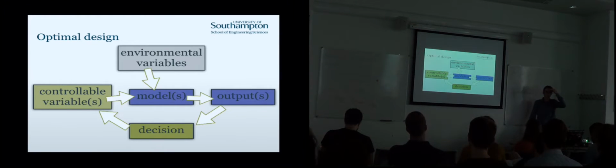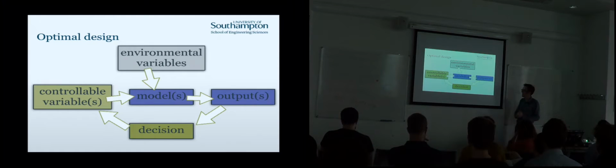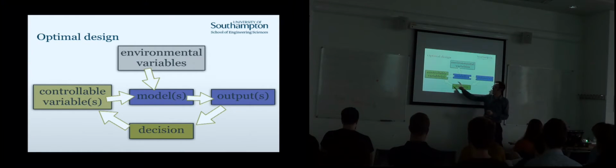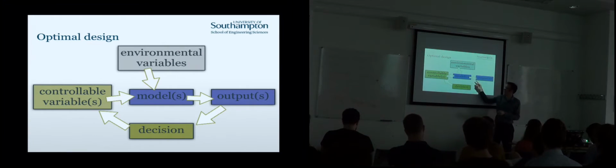Okay, so just a quick recap so we're all on the same page as to what we mean by optimization. In optimization, you have some kind of controllable variables, things that you can change, that will affect some outputs, and you want to make these outputs as good as possible.